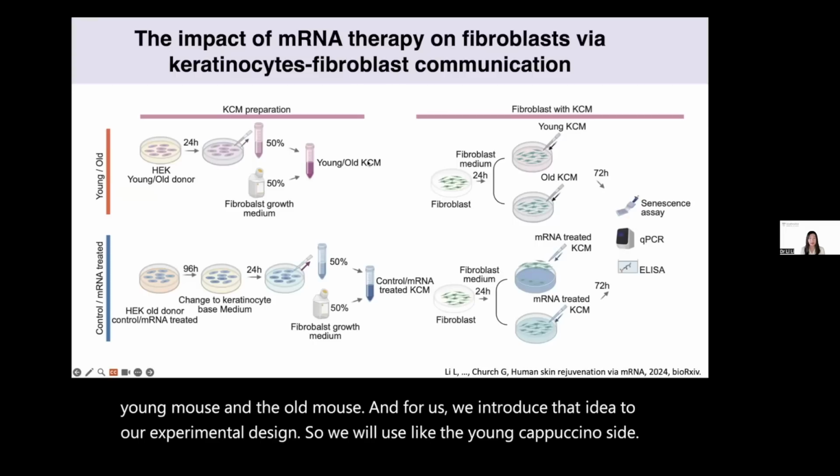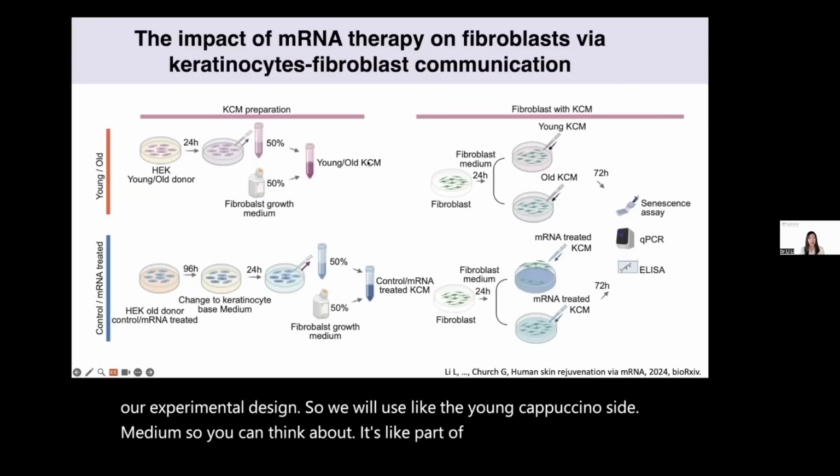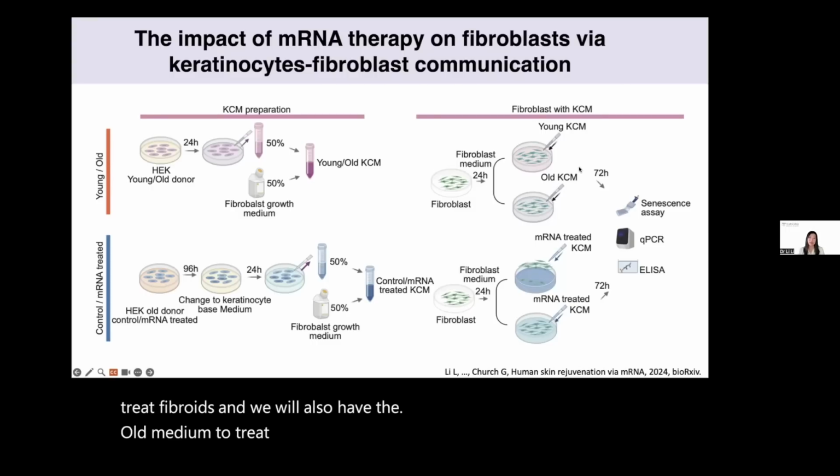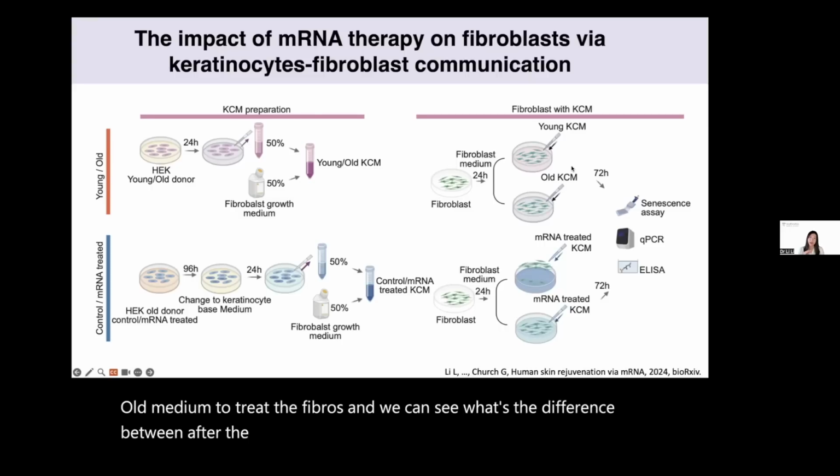So you can think about it's part of the medium that we can treat fibroblasts. And we will also have the old keratinocyte medium to treat the fibroblasts. And we can see what's the difference after the treatment, whether young and old keratinocyte medium plays a role on the fibroblasts. Let's see.